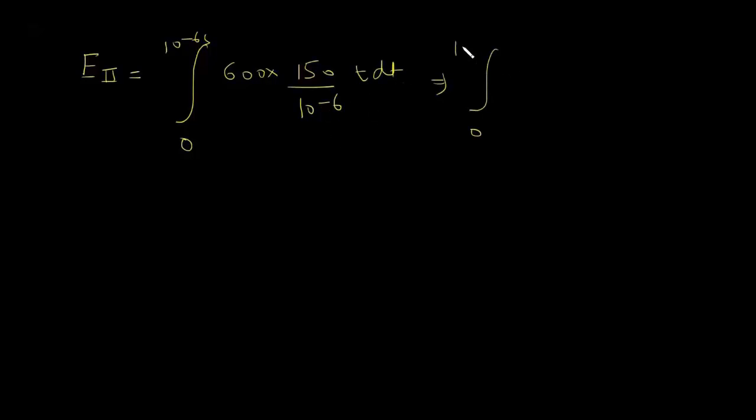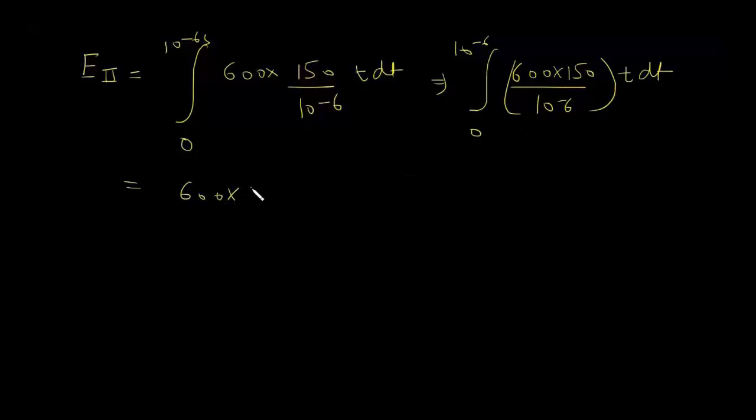So E2 is, you can take this constant outside the integral, and then integrate t dt.